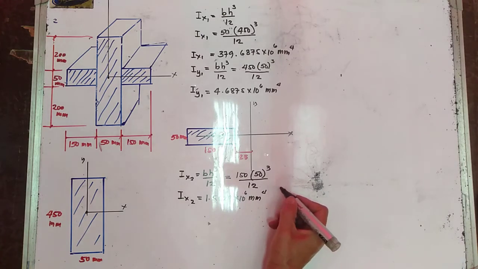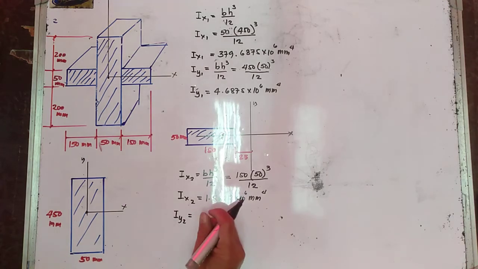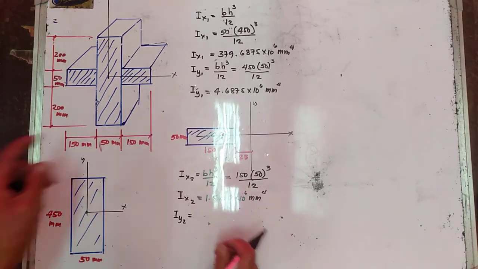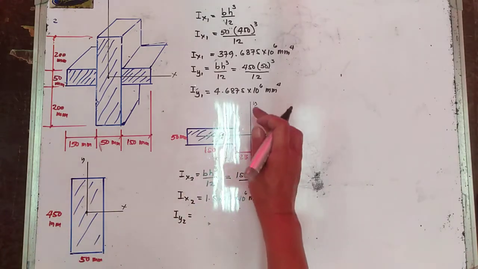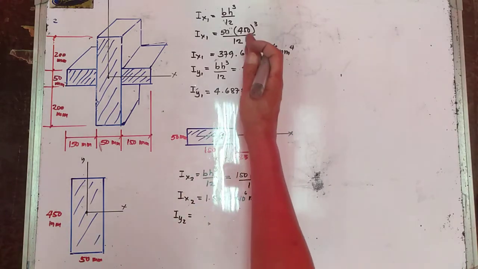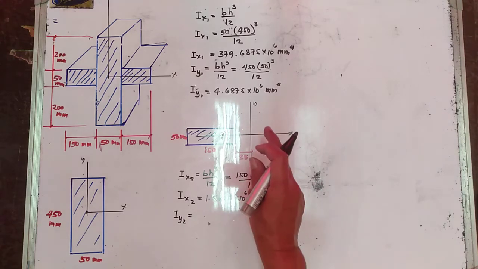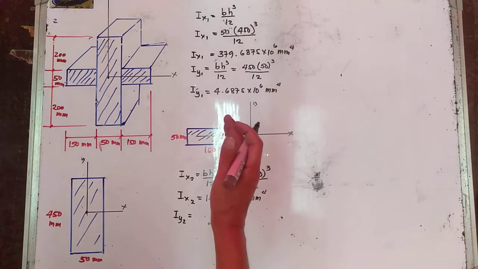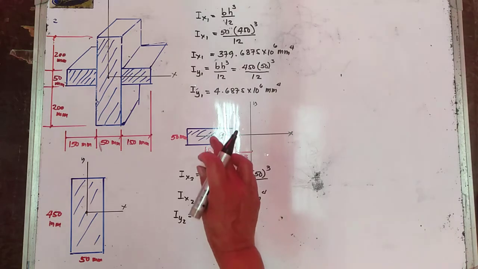And then we have your Iy2, the moment of inertia with respect to the y-axis. Take note that the y-axis no longer passes through the base or the centroid of this area.